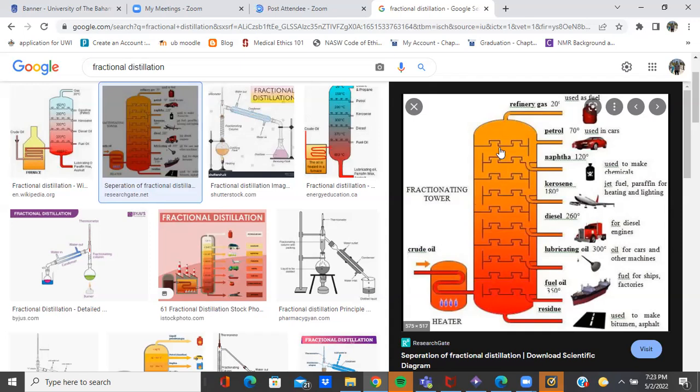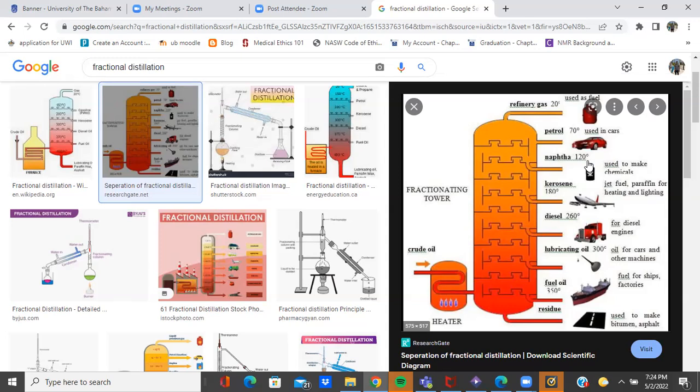As you go down, it gets hotter, and you can see that by the red. You have the residue used to make bitumen and asphalt in roads, then fuel oil used for big ships, lubricating oil, diesel, kerosene, naphtha used in chemicals, petrol, and refinery gases used as fuel, like liquefied petroleum gases.